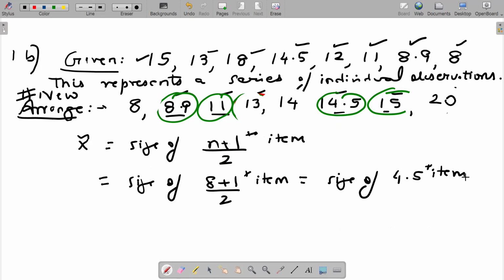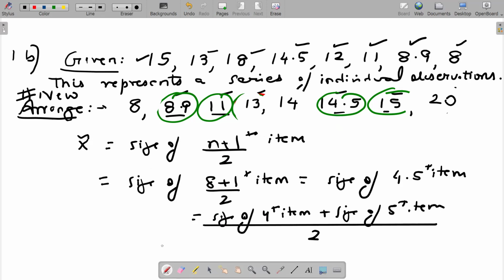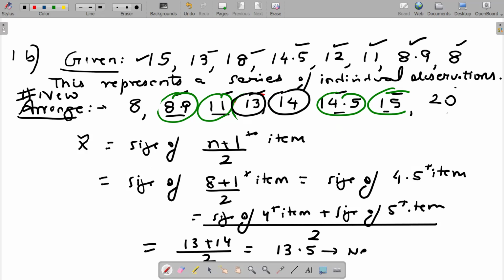And we know that the 4.5th item is the size of the 4th item plus size of the 5th item divided by 2. Now the 4th item is 13, the 5th item is 14. So 13 plus 14 over 2 comes out as how much? If you work this out, 13 plus 14 over 2 is 13.5. This is my new median.